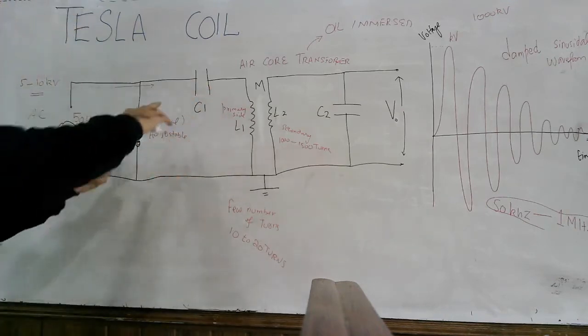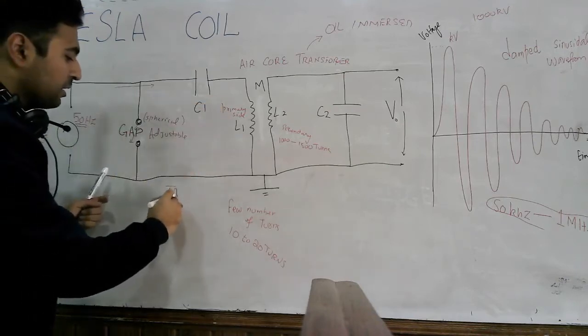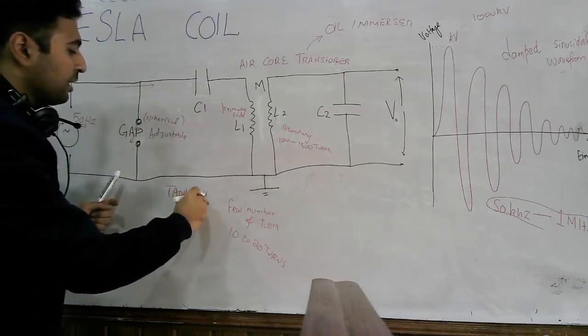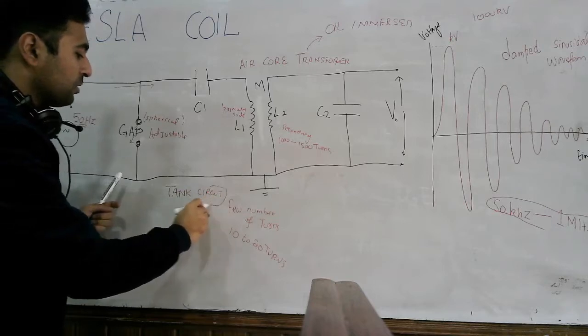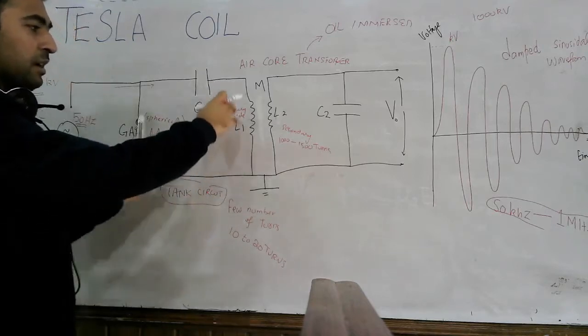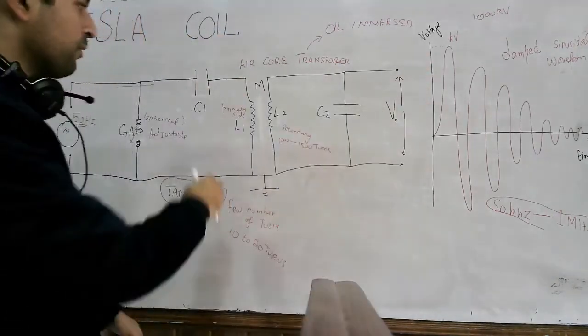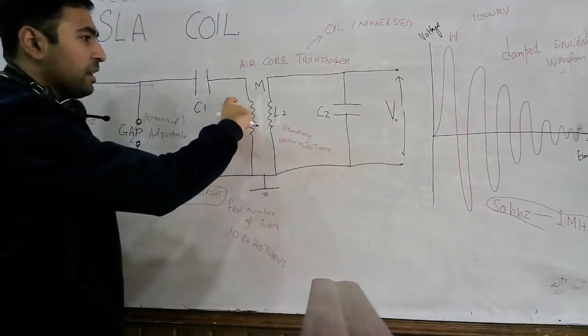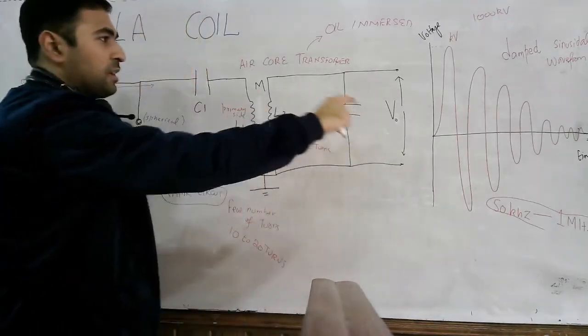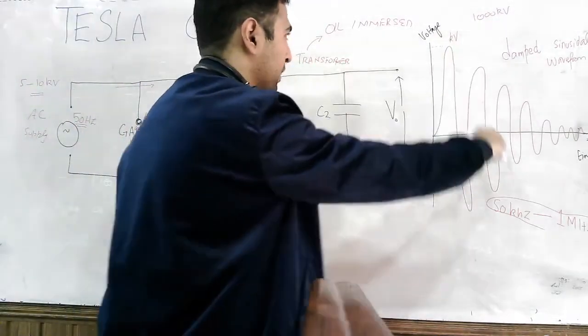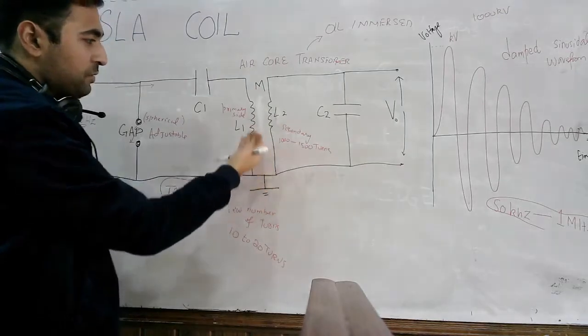Resonance means that it behaves like a tank circuit, and upon resonance the voltage here rises in this manner. So the waveform we are getting on the primary side is like this voltage appearing.